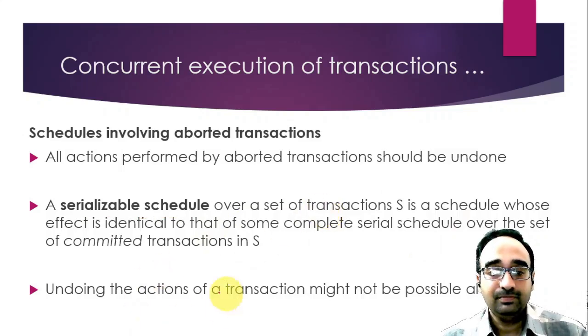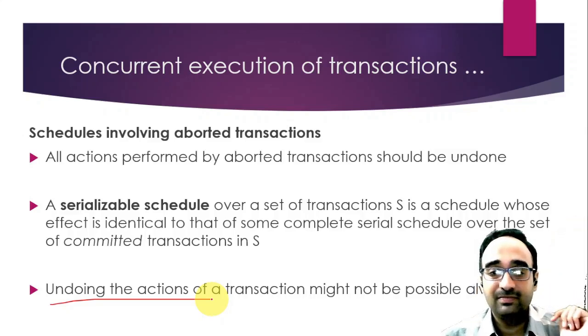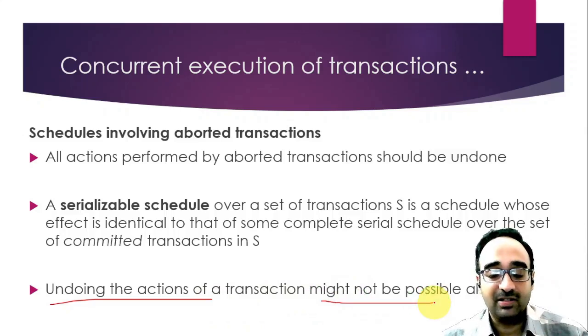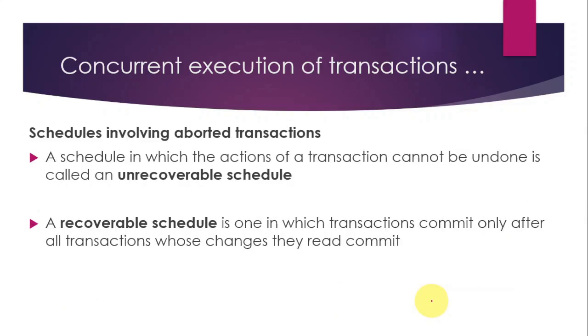And I told you that whenever there is system failure, you will undo the actions, meaning whatever actions are done, you are undoing. But this might not be possible in all situations. Why? Let's see this.